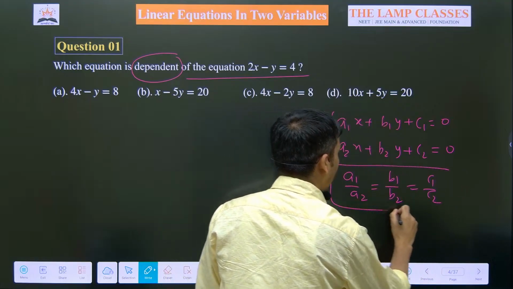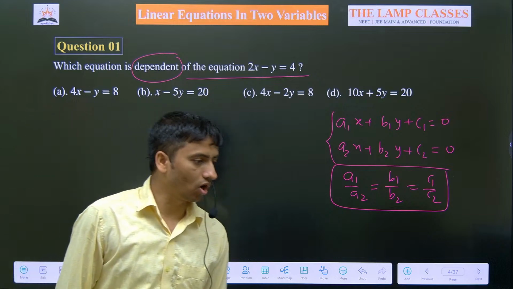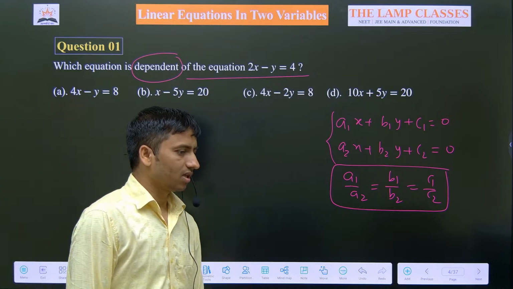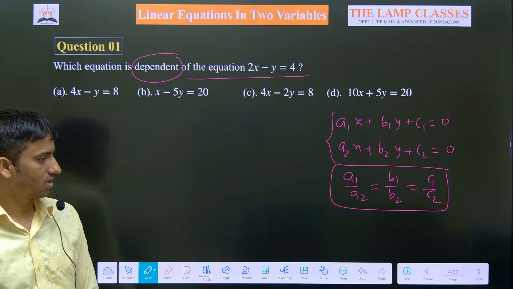Saying that lines have infinitely many solutions, or two lines are coincident, or two equations are dependent, are the same thing. They might use any of these sentences to frame the question.